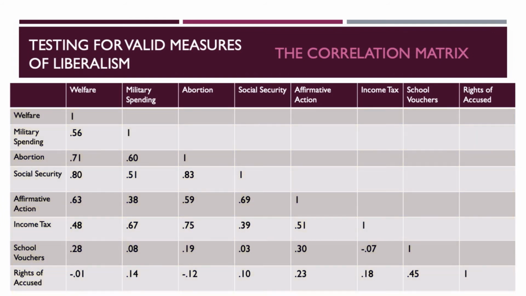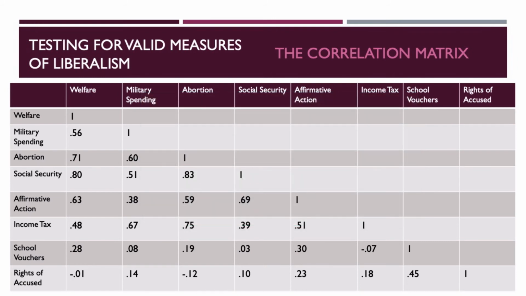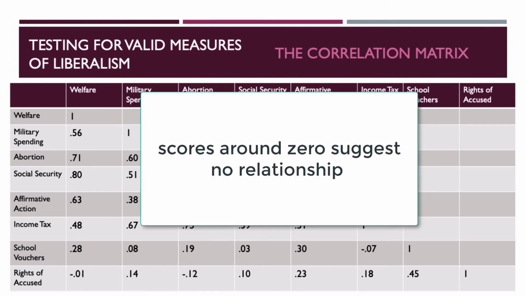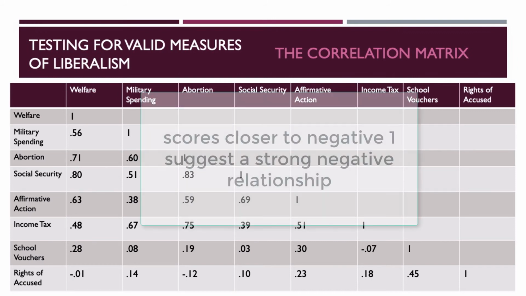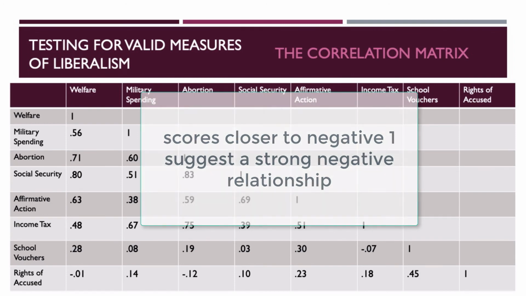A correlation coefficient can range anywhere from -1 to +1. And what's important to remember here is that values closer to +1 tell us that there's a strong positive relationship between those two things. Scores at 0 or around 0 tell us that there is no statistical relationship between the variables, and scores closer to -1 tell us that there is a strong negative relationship between those two things.